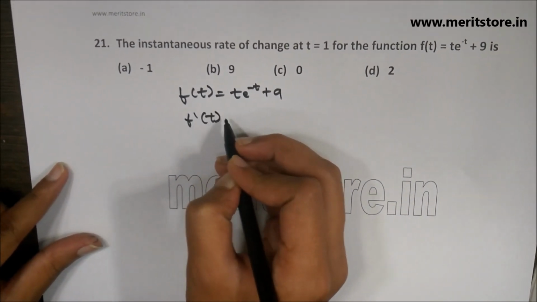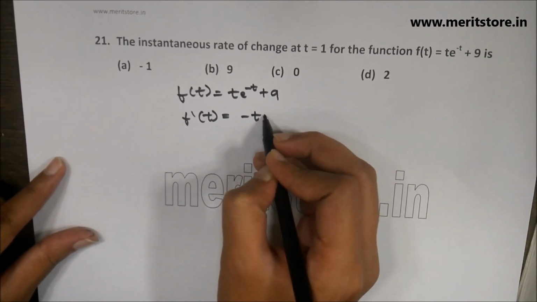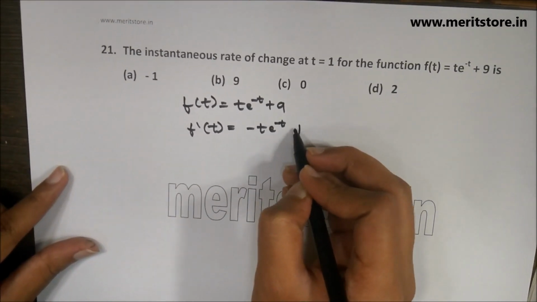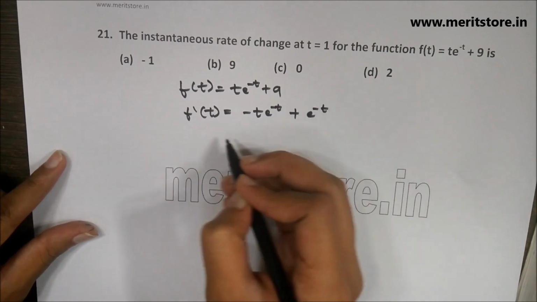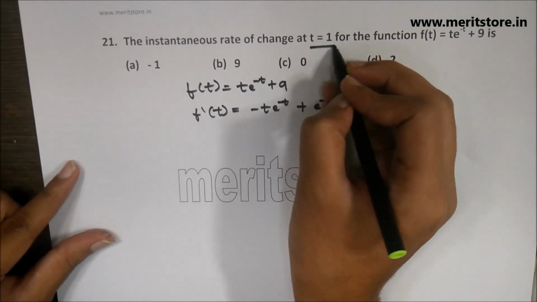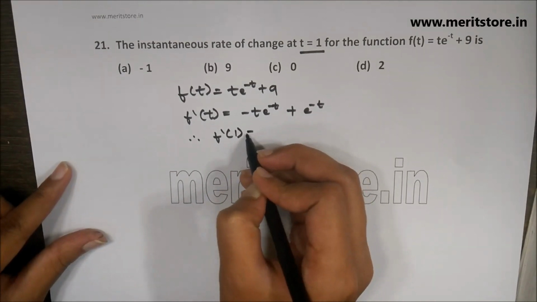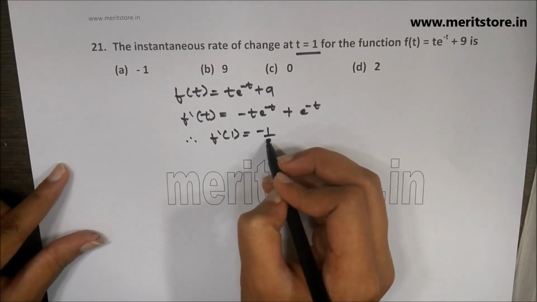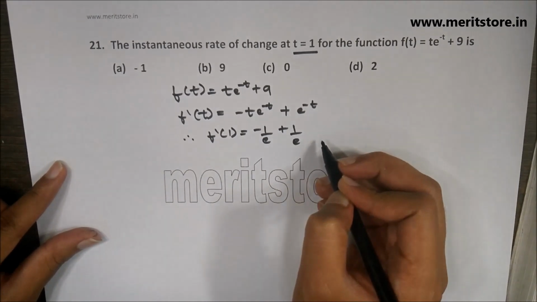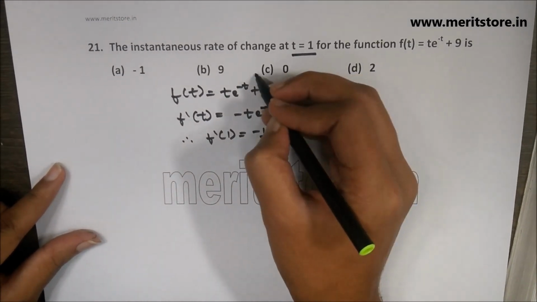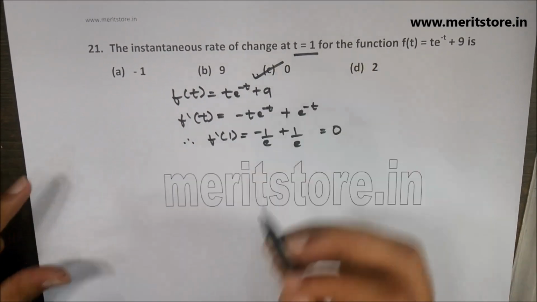Differentiating this once, we get minus t e raised to minus t plus e raised to minus t. Putting t equal to 1 as it is given, f dash 1 is equal to minus 1 upon e plus 1 upon e, which is equal to 0. So option C is the correct option.